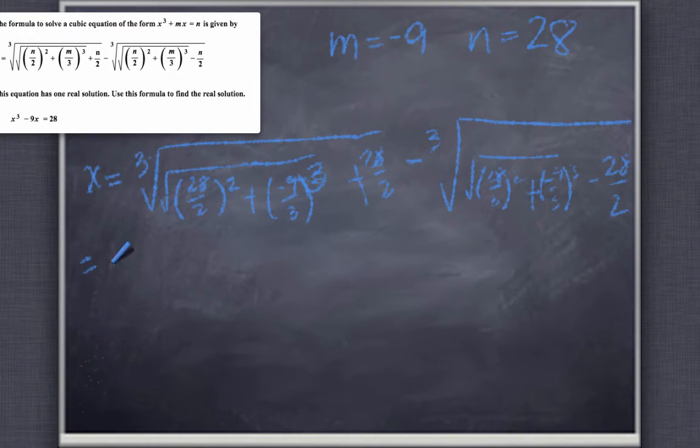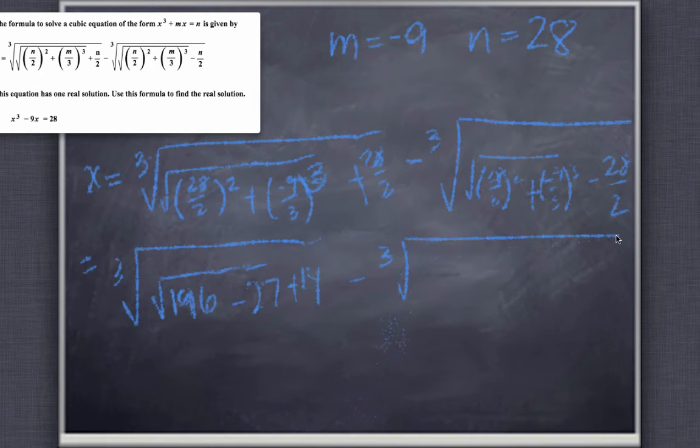Okay, equals cube root of square root of 14 squared is 196. Minus 9 over 3 is negative 3. Cubed is negative 27. Plus 14.